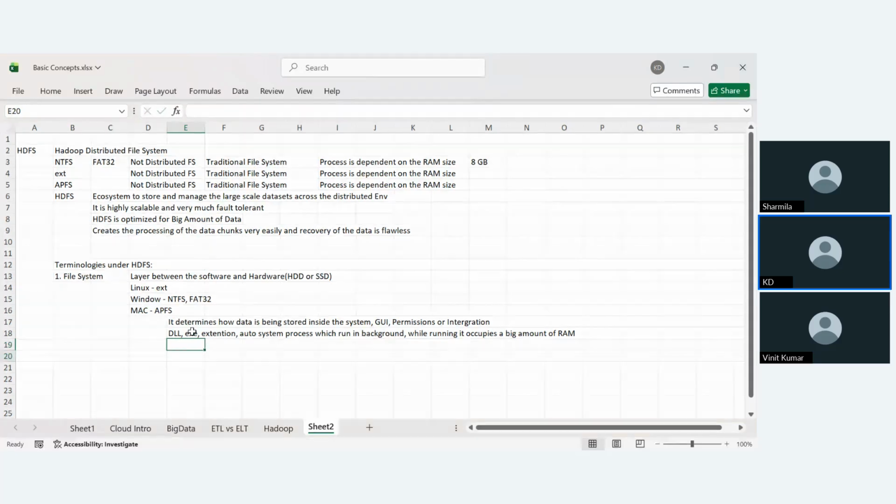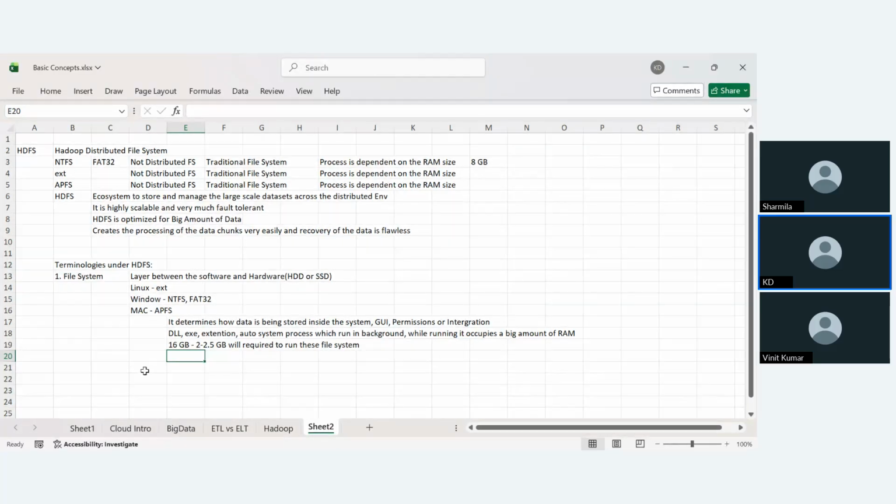So, for example, if you are using, let's say, 16 GB of RAM, this file system, whatever NTFS, EXT, APFS, whatever you are using, out of 16 GB at least 2.5 GB will be required to run these file systems. So if you have 16 GB RAM, you have only 12 to 13 GB available for your own system running processes, right? If you exceed those, your system will start hanging.